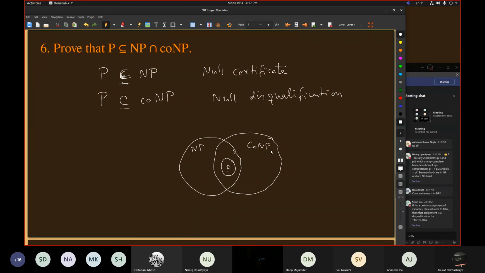These questions are not yet answered, because whether P is inside NP properly is the P equal to NP problem, and that is an open problem. The most popular belief is that NP and co-NP are not the same, and that the containment of P inside the intersection of NP and co-NP is also proper. But these are all popular beliefs. We do not have any proof for these things.